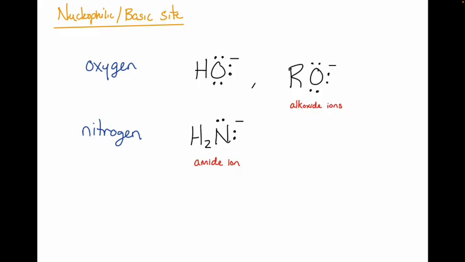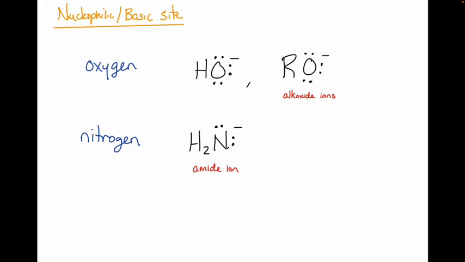I've only ever seen it on pencil and paper. I've never actually seen it in the wild because it is a very, very strong base and pretty dangerous to work with. Nonetheless, it would be thrown into our category here of strong bases, strong nucleophiles, or if instead we replaced those hydrogens with alkyl groups, that would also work.